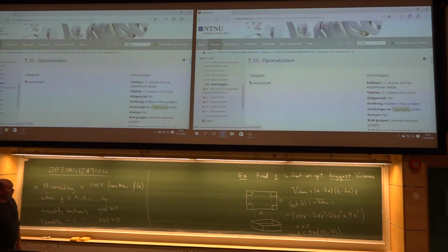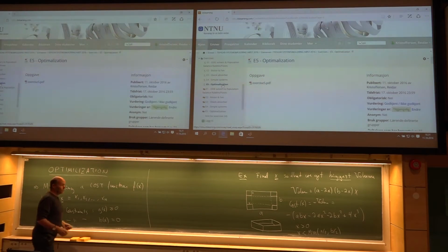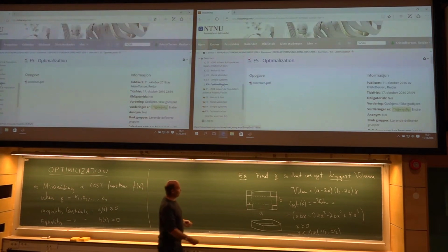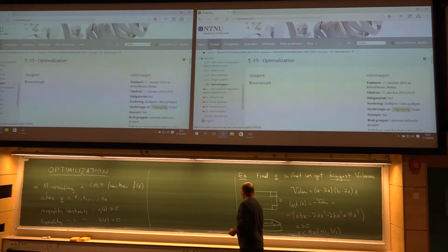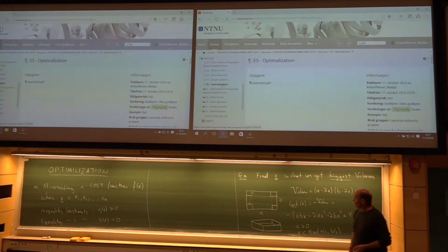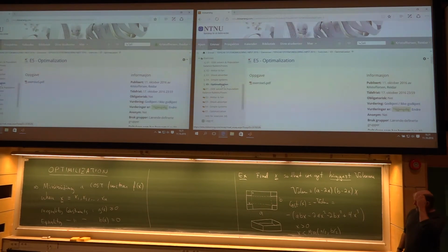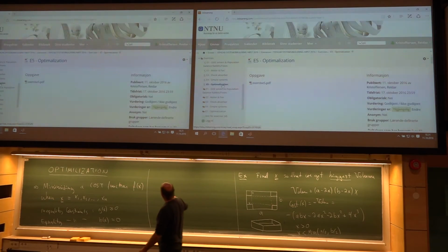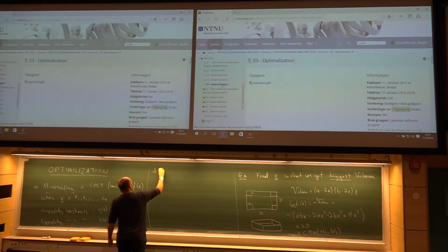Okay, let us see if we can find the solution to this problem here. So what will the solution be? Well, for you guys, this one shouldn't be any problem. How do you find it? You can take the volume and take the derivative of it.